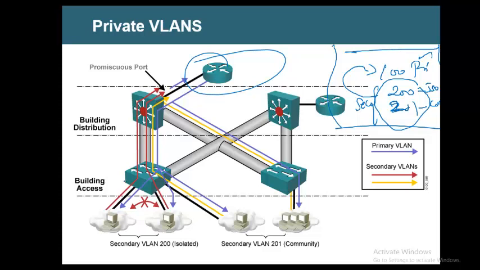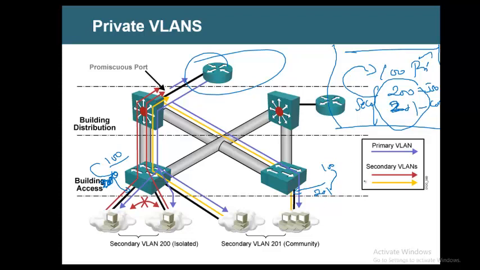For example, if I go to this port, where I'm going to configure VLAN 200, I need to say, hey 200, you are a part of 100. You are 200, no doubt, you are an isolate port, but you are under the primary VLAN 100. Likewise, when I go to this community port, how will I configure? I'll say you are a member of 201, but you are not the hero, you are coming under Mr. 100.